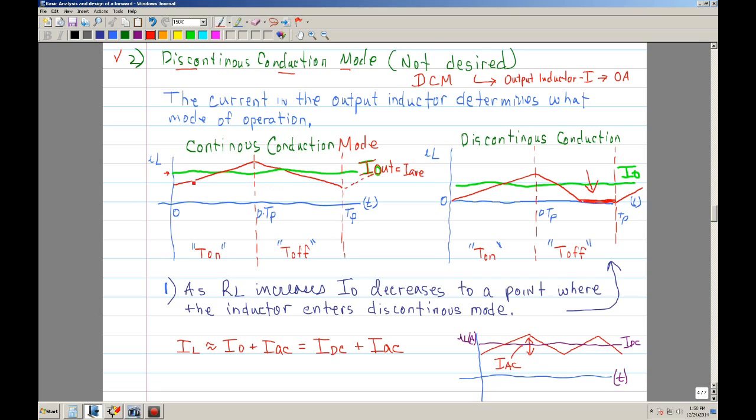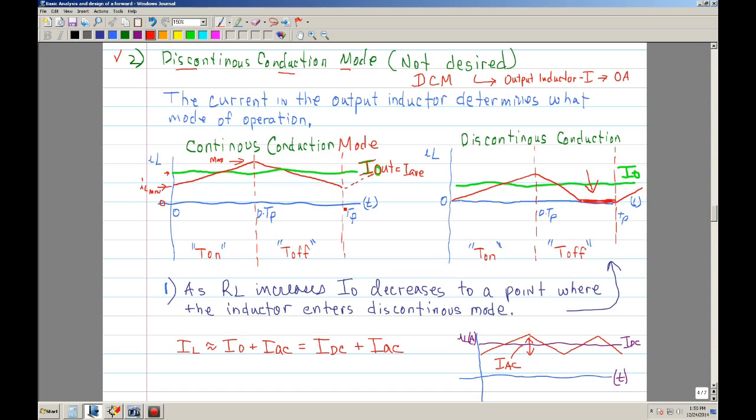Now if you notice, this is 0, and this is IL minimum right there, and it also has a max. So during its conduction time, T on, the inductor has current, and then when it discharges, it also has current.